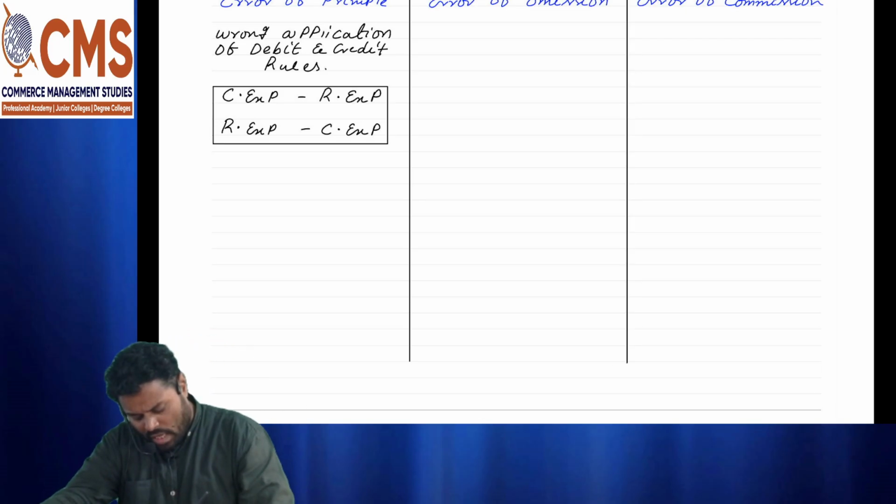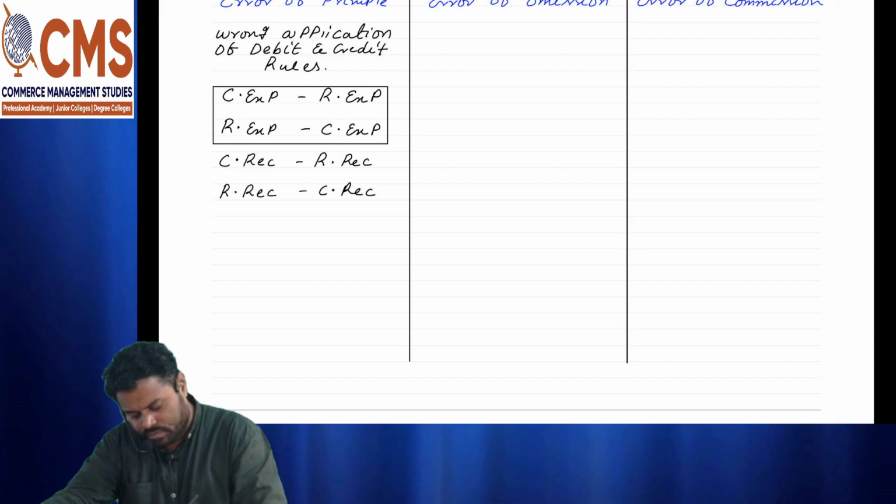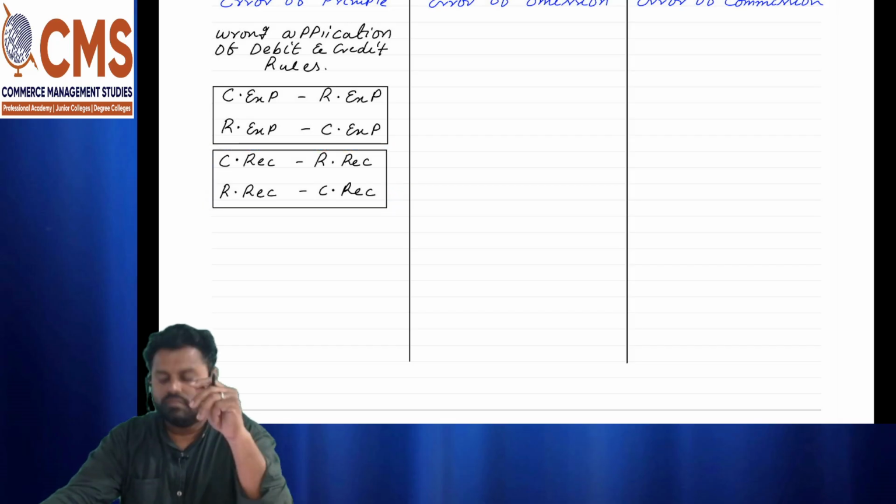Similarly, the same class will have something called capital receipt treated as revenue receipt, or revenue receipt is treated as capital receipt. Now what is this?